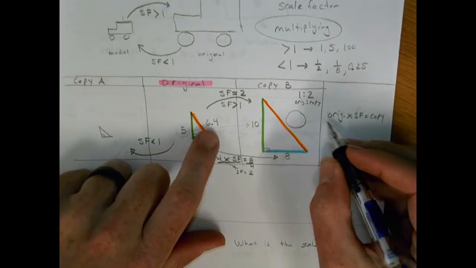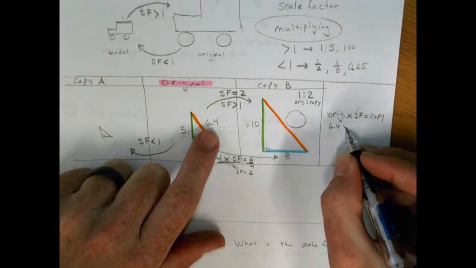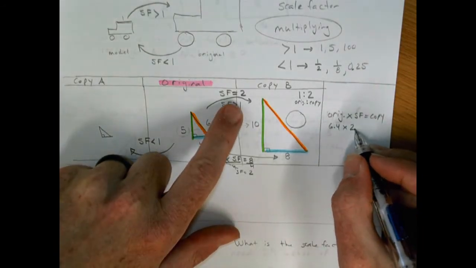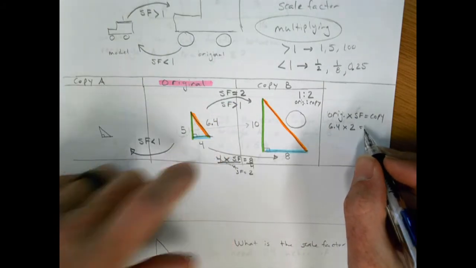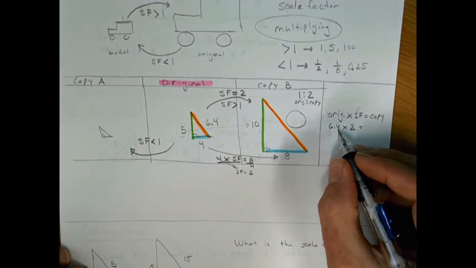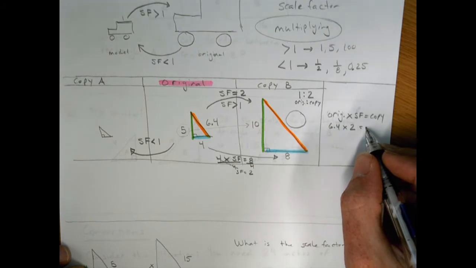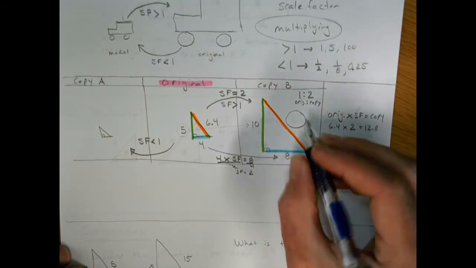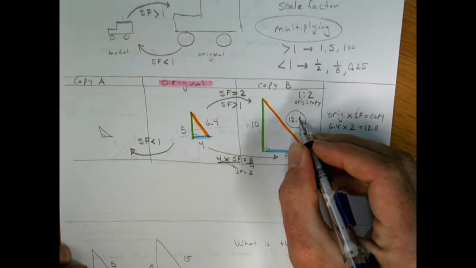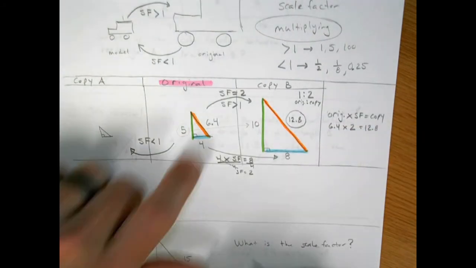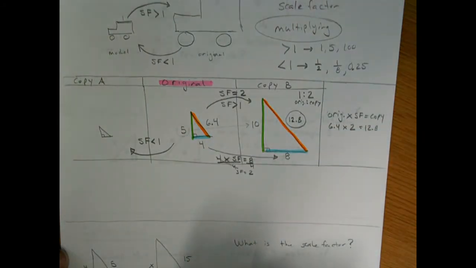So my original in this case is 6.4. My scale factor is times 2. And so that's going to make my copy 6.4 times 2, which is equal to 12.8. So I can find the value of that line, or that hypotenuse of the triangle, just like so.